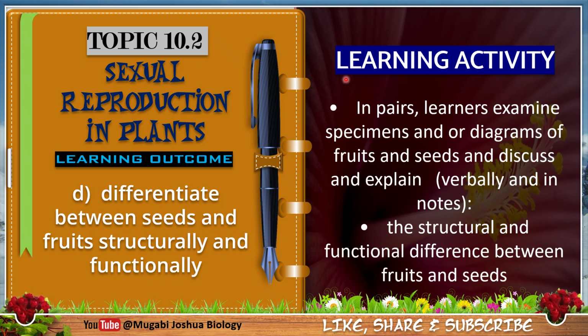And we have been looking at the learning activity. In pairs, learners examine specimens or diagrams of fruits and seeds and discuss and explain, verbally or in notes, the structure and functional differences between fruits and seeds.